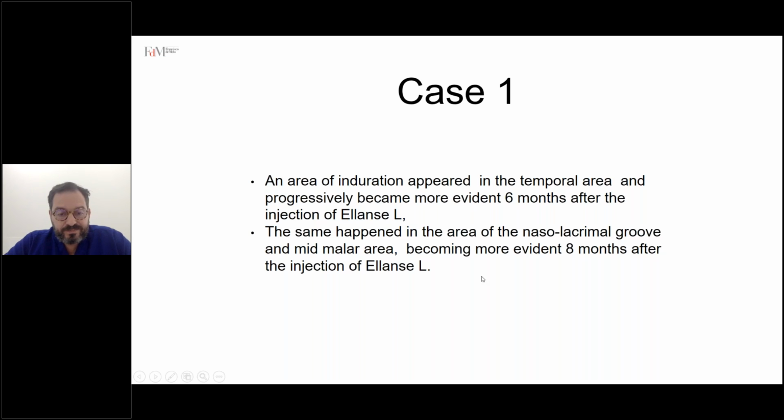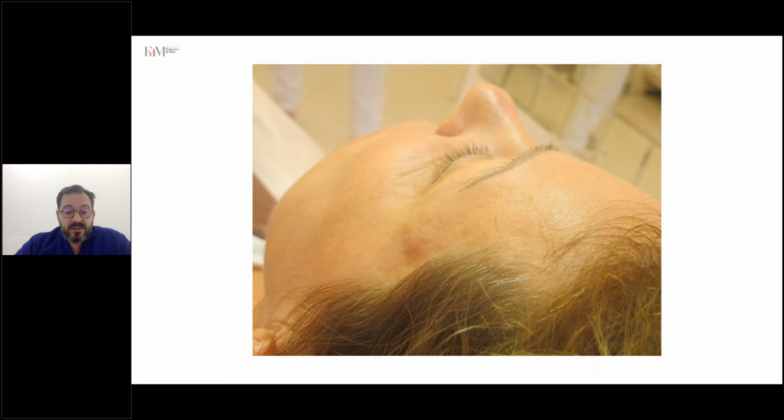The first case was done using Ellanse L, and there was induration that became more and more evident 6 months after injection of Ellanse L. The same thing happened in the tear trough and in the mid-malar area. Can you go to the next slide, please? When I got these cases, these are the photos.